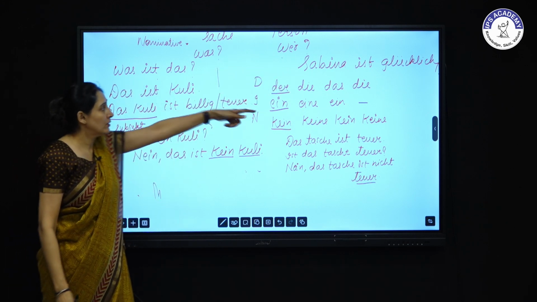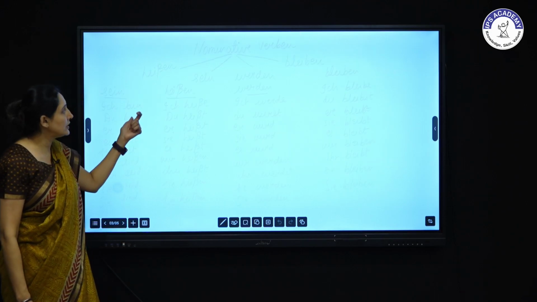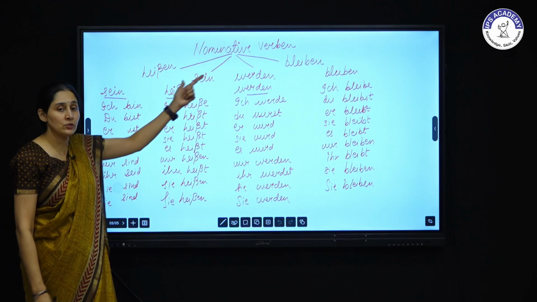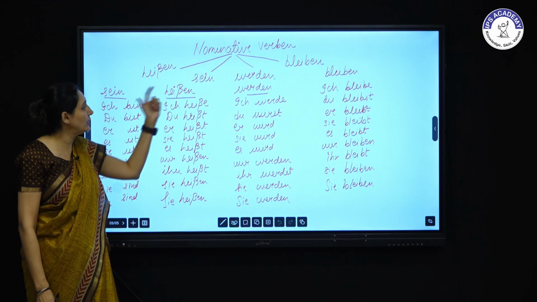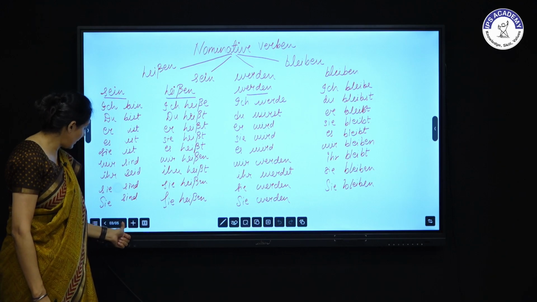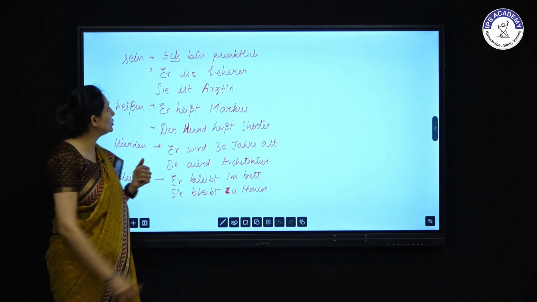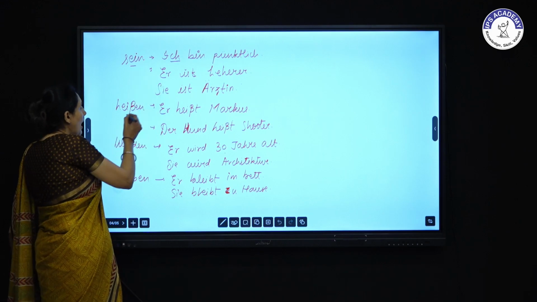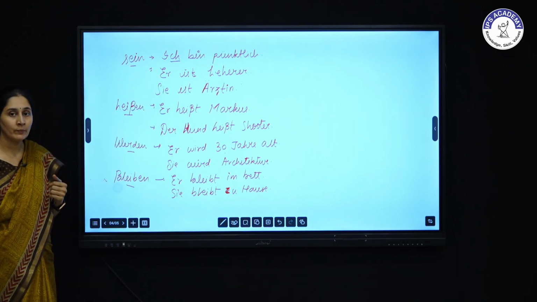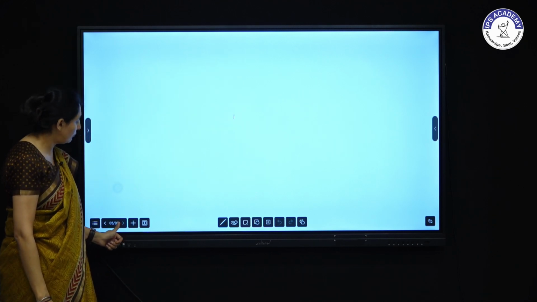Was ist das? Wer ist das? And then next we have seen the nominative verben, the verbs that fall into the nominative case always. These are the conjugations related to it which will help make the sentences. Now these we have as individual sentences with the sein, heißen, werden and bleiben. So that makes your nominative case with the verb.